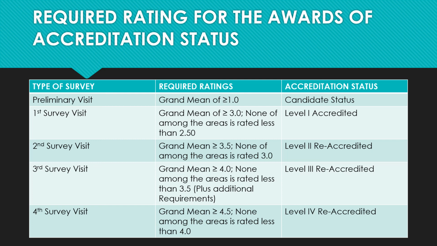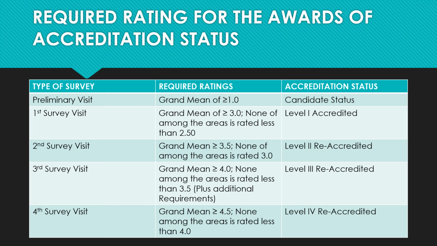Third survey, karamihan po tayo ay magta-third survey. So our grand mean should be greater than or equal to 4.0 and none among the areas is rated less than 3.5 plus may additional requirements na ibibigay ang ating mga accreditors.